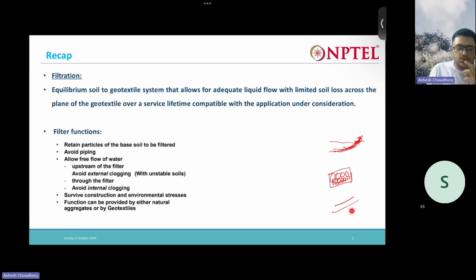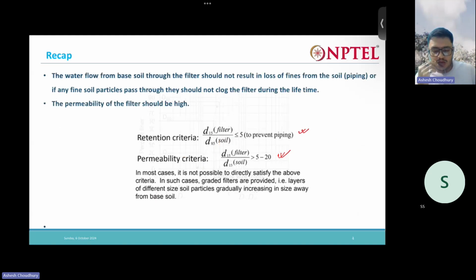We saw what filtration is and how we can design filters for a system. Filters can be soil filters, or filters made up of geosynthetics. There are various criteria, and we saw many of them and how to implement them.